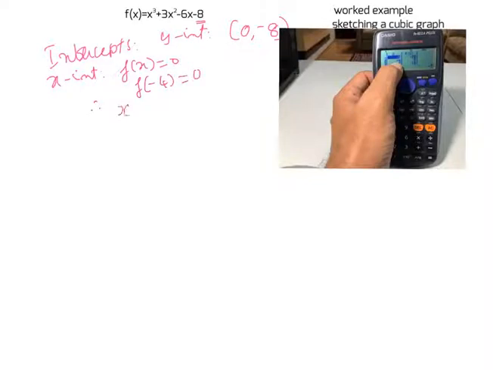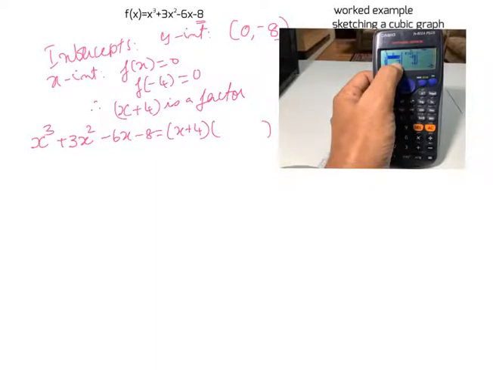Therefore x plus 4 is a factor by using my factor theorem. Therefore I can write x cubed plus 3x squared minus 6x minus 8 equals x plus 4 times other factors. This is a cubic function, and one of the factors is linear.